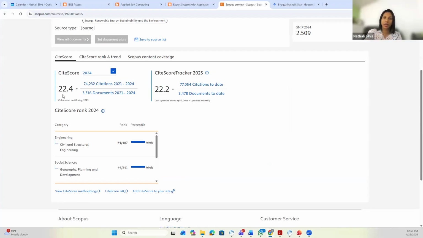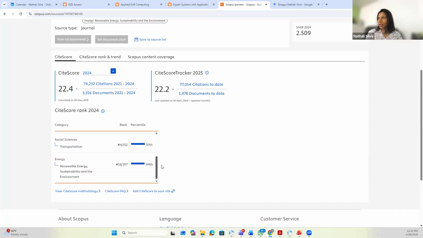From that, you get the CiteScore. That means a larger number of papers are getting a good average number of citations. If this is low, although there are more papers, the number of citations they get is less. So there is a category that it involves.